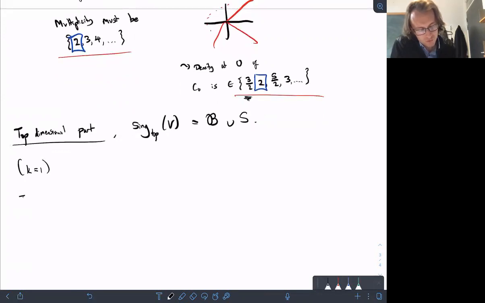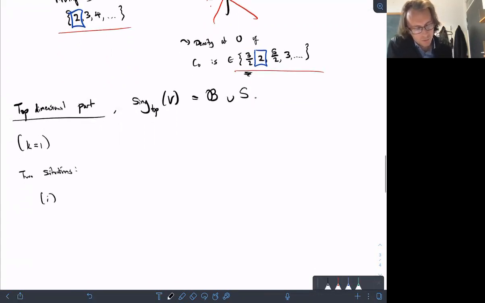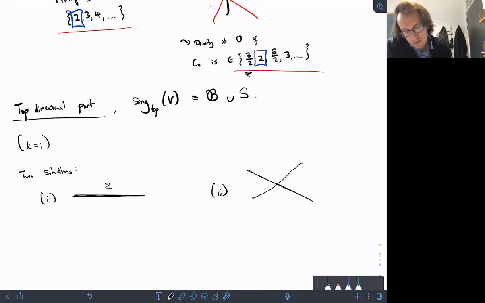We have 2 situations in the next setting, where we have a tangent cone which is a plane of multiplicity 2, or it's 4 half hyperplanes meeting along a common axis. And it can be readily checked from the stationarity condition that they actually have to form 2 lines, all of multiplicity 1.